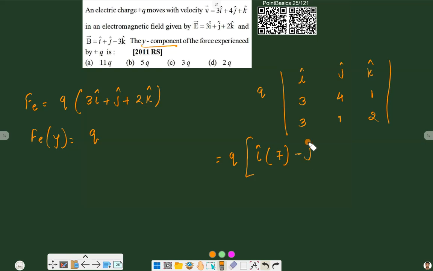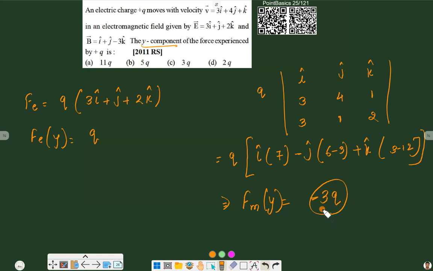For J with negative sign, 6 minus 3. And for K, 3 minus 12. As we have to find only the J component, the magnetic force J component will be minus 3Q. So the total force in Y direction will be Q from here and minus 3Q from here, so we'll have minus 2Q, I think.